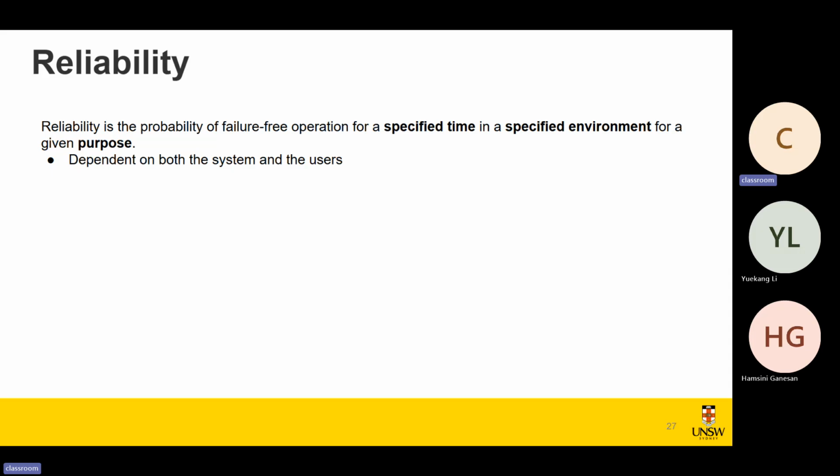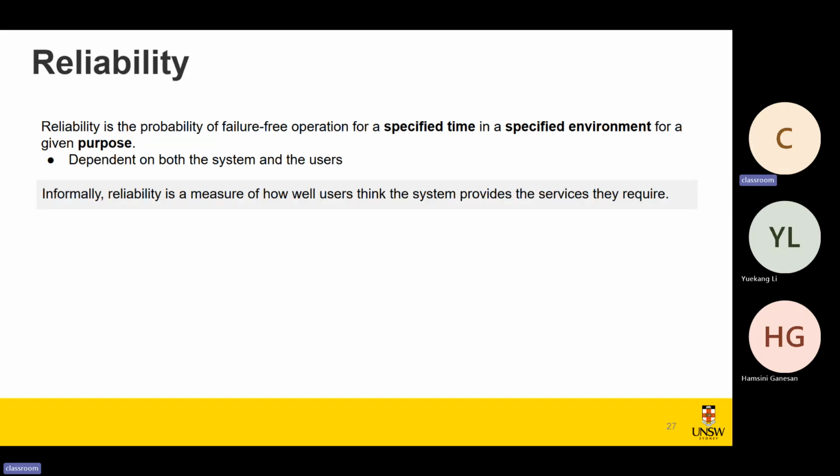However, if the users are just normal users, then the reliability could be observed differently, right? So this is more like a formal definition, and informally, reliability is like measuring how well the users think about this system, how well the system can provide the service they require.